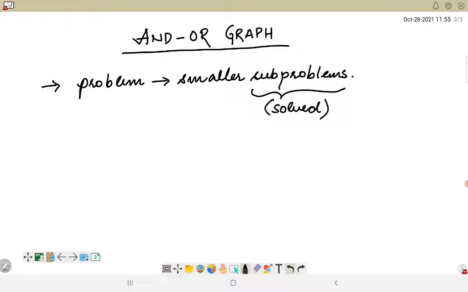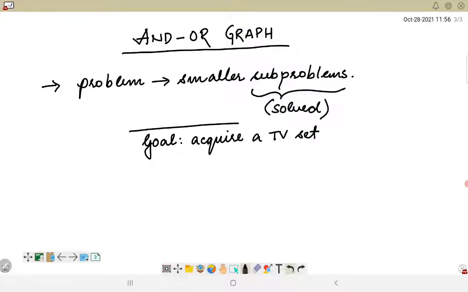Now let me give you one basic example. Okay, and this example has been widely used in a number of textbooks as well as online materials. So basically, suppose I have a goal which is to acquire a TV set.